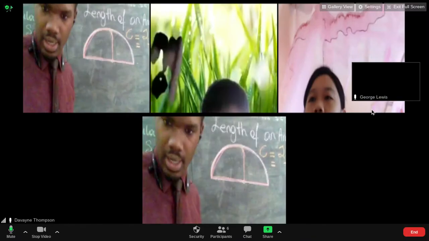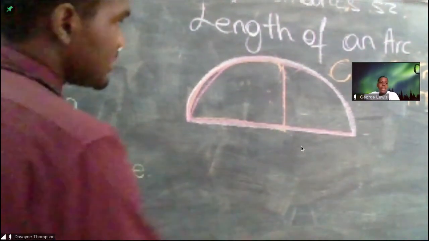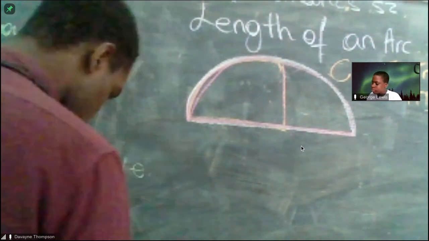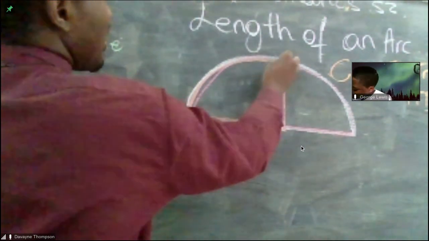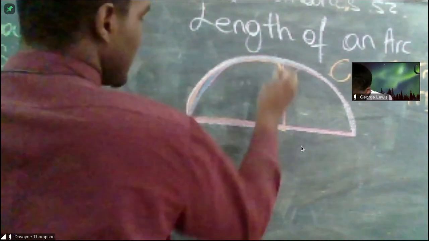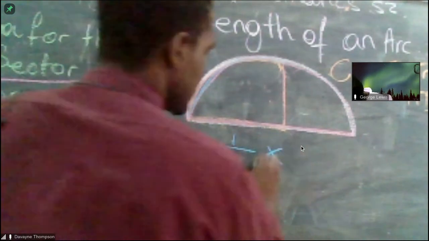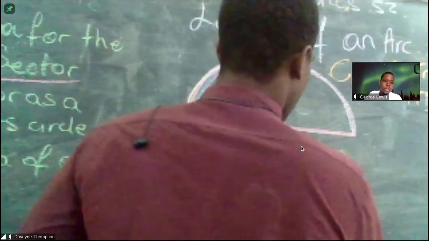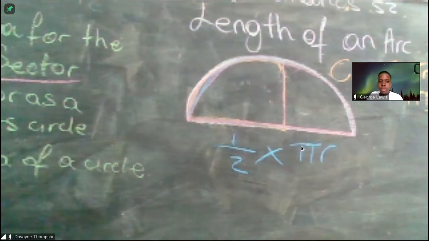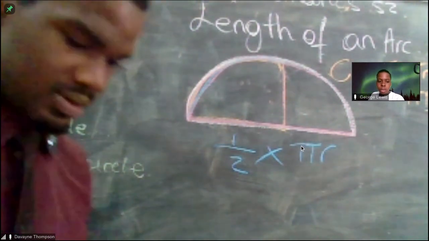So if it's half of a circle, then the length of this arc isn't that half times pi r? Somebody else? Sir, I think that would be correct, sir.